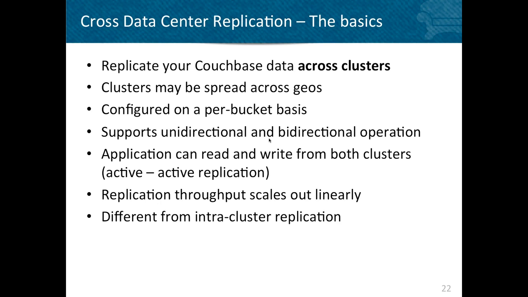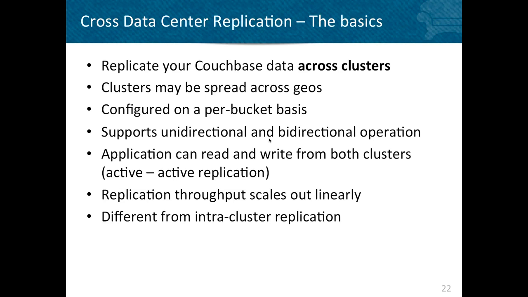Okay, the next new feature in 2.0 is our cross-data center replication. It is a linking of two separately managed clusters. Each cluster can be differently sized, with different hardware in a different data center, and this replication is a link between them. It's configured on a per bucket basis. It can be either unidirectional or bidirectional.